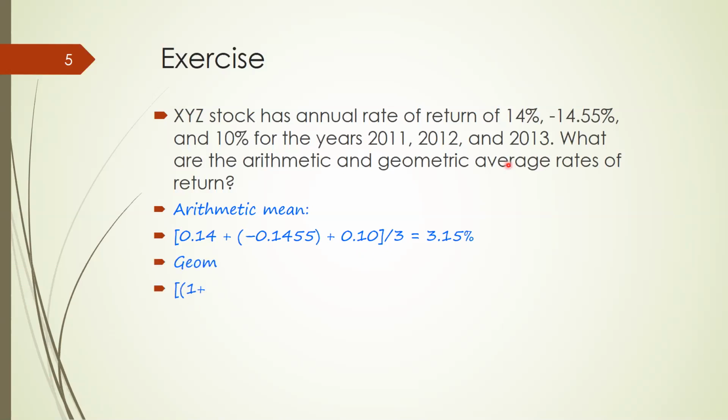The geometric average will take the compounded form: compound 14% with negative 14.55% with 10% for 3 periods, take the exponent of 1/3, minus 1, and you have 2.33%.